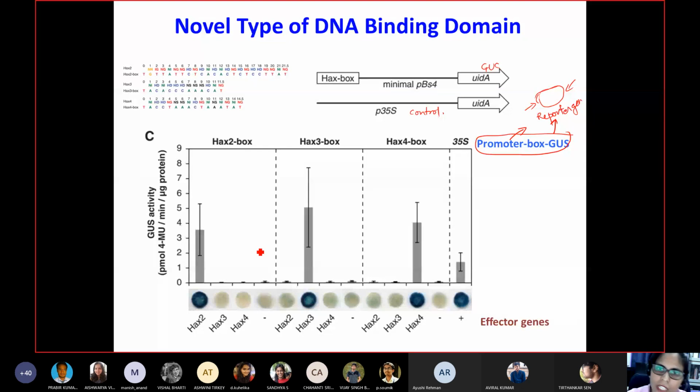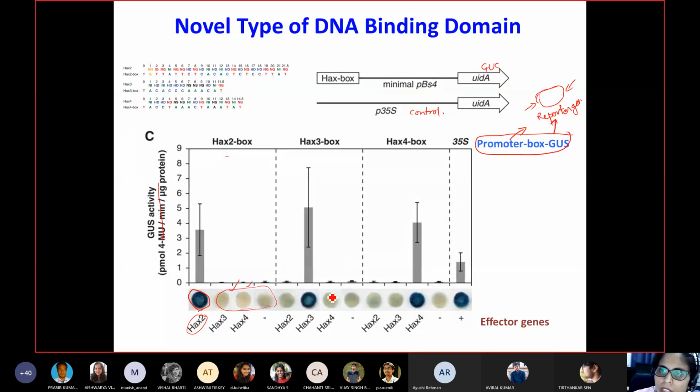With this assay, GUS activity was only seen with the corresponding effectors. For example, if the leaf was infected with the hex2 box and all the different effectors, only the leaf infected with the hex2 effector gave the blue signal for the hex2 gene. No other effectors gave any signal in this case.